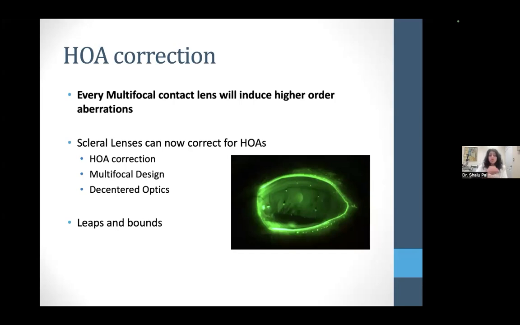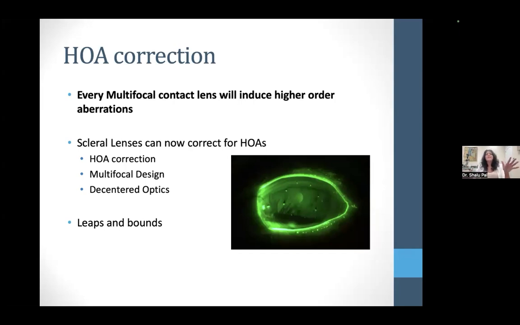I had a patient who was wearing multifocal sclerals. She had two multifocals and I couldn't get them to work. In the dominant eye, I ended up going back to her single vision lens, so I did a modified monovision setup where we had a long distance lens and a multifocal in the non-dominant eye. As soon as the ability to decenter the optics became available, I said, we're going to try multifocals again.